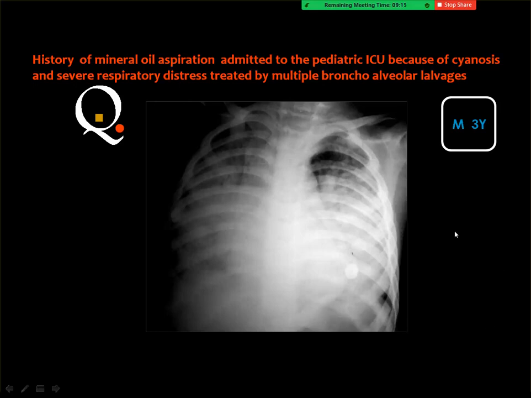Next case, and this is a male, 30 years old, with history of mineral oil aspiration, admitted to the pediatric ICU because of cyanosis and severe respiratory distress, treated by multiple bronchoalveolar lavages.